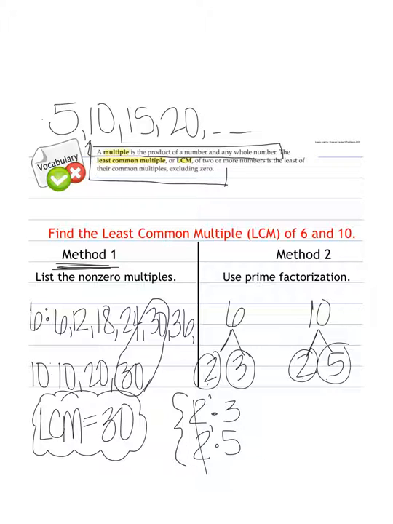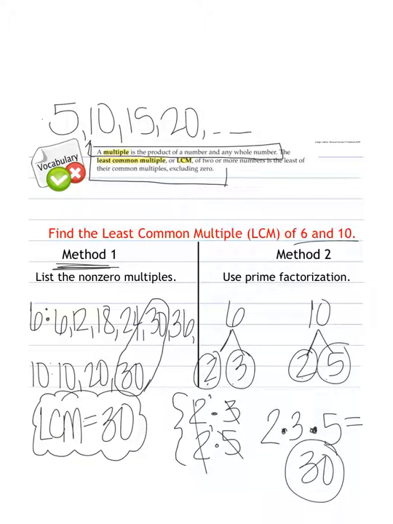So my 2's are represented. I'm going to pull out a 2. There's a 3, and there's a 5. So I'm using every number, and if there's multiple of numbers, I would take the one with the highest exponent. So then 2 times 3 is 6, times 5 is 30. Same thing, obviously, because we're doing 6 and 10.